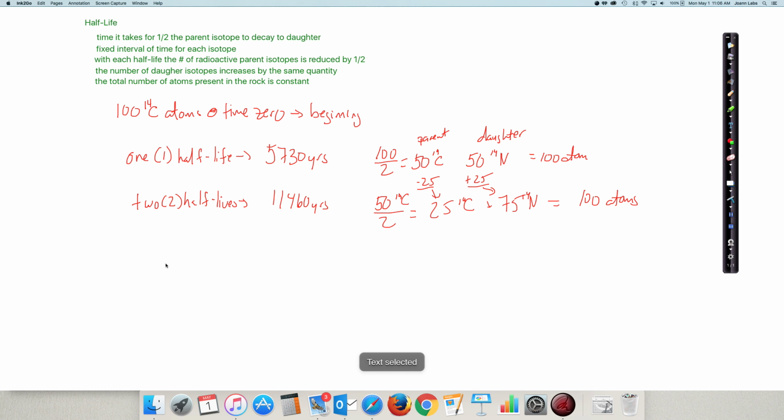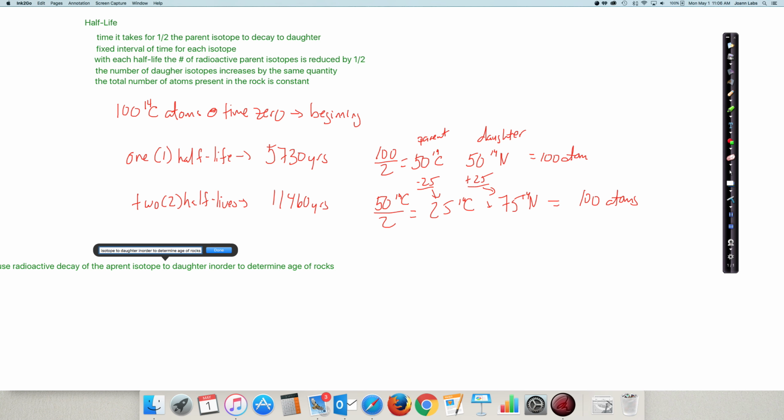Geologists use radioactive decay of the parent isotope to daughter in order to determine age of rocks.